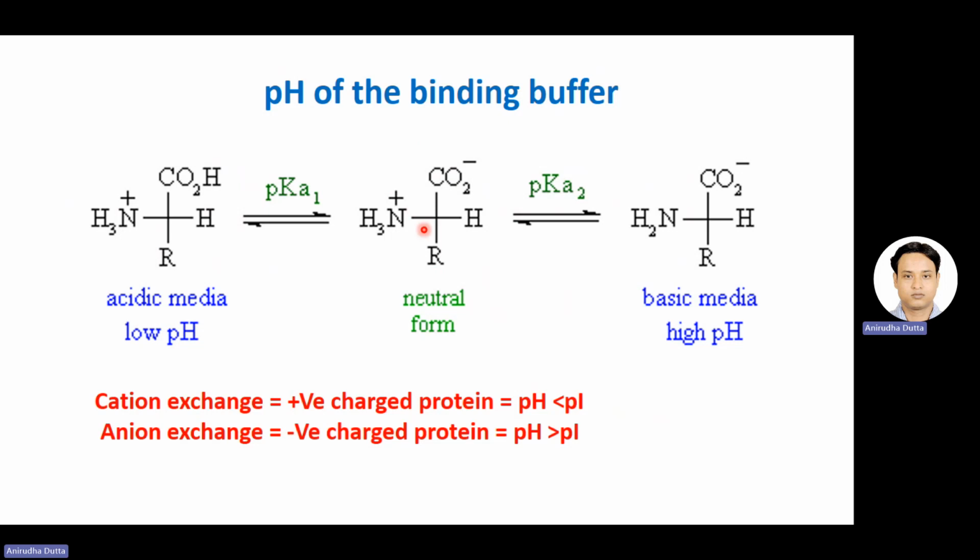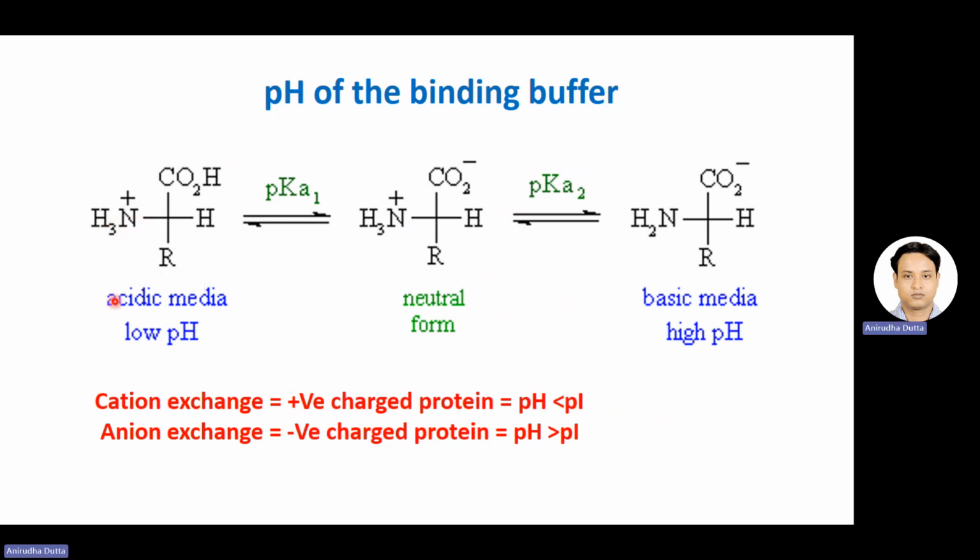If we go to a lower pH than the pI, then the net charge of the protein or amino acid would be positive, because the media is rich in H plus ions, and the amino group would accept one H plus and become NH3 plus.